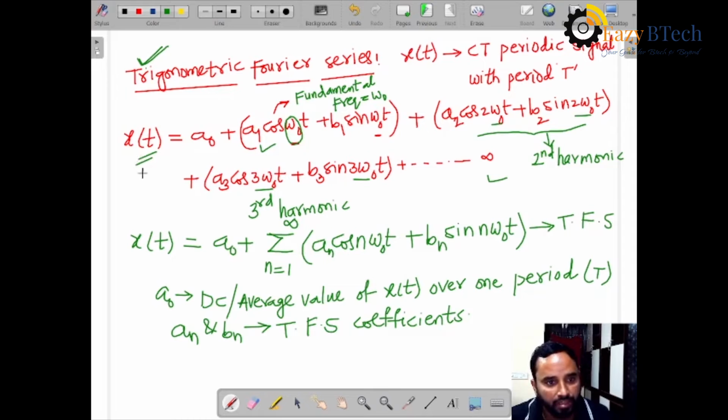We simply take the periodic signal and represent it using a linear combination of harmonically related sinusoids. A naught is called the DC value or average value of x of t over one period, and a n and b n are trigonometric Fourier series coefficients.